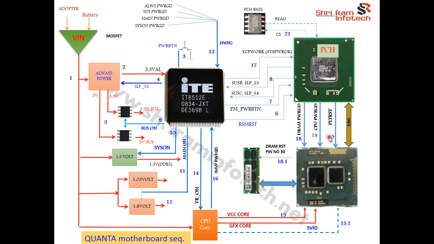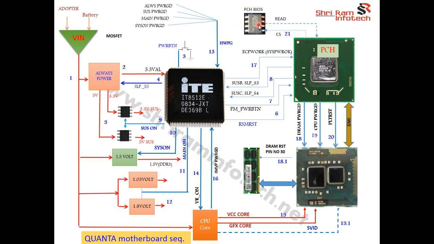So PLT reset sends out 3 volt, so there they put a voltage dropping resistor, and finally it becomes the CPU reset signal. Once the CPU gets the signal, the CPU gets reset and is ready to work, and after the next clock the CPU accesses the DMI bus, accesses the PCH, and accesses this BIOS.